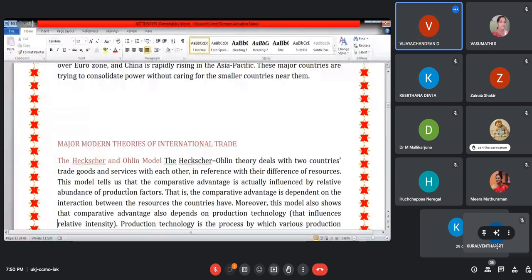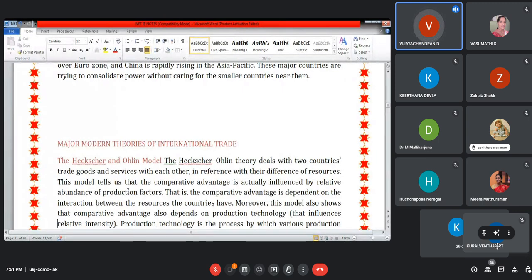Comparative advantage. See, one country may have an advantage over another country in production. Say, for example, in handloom products, our country has the advantage over another country, while Gulf countries like Iraq and Iran have the advantage in the production of crude oil.